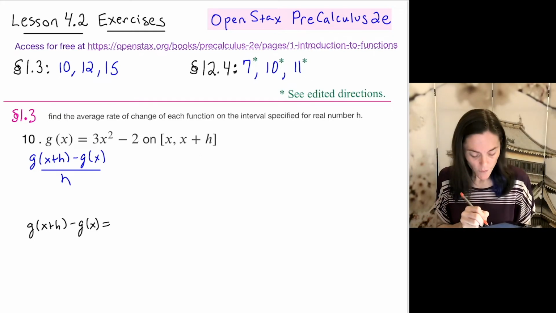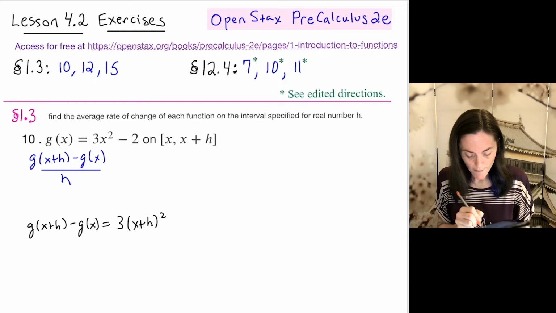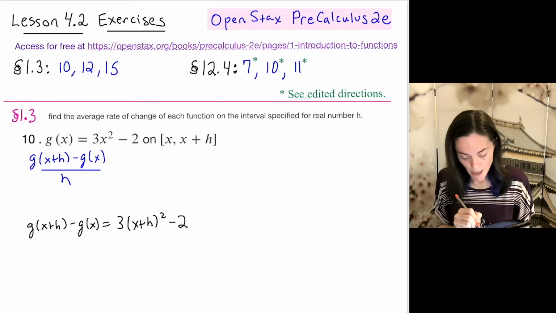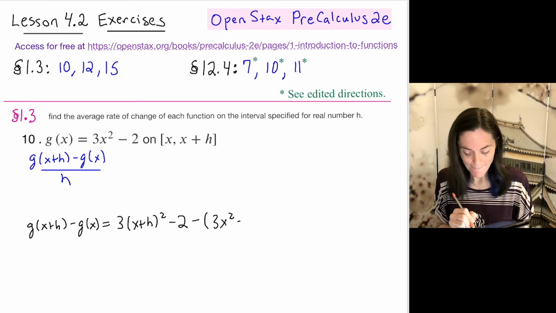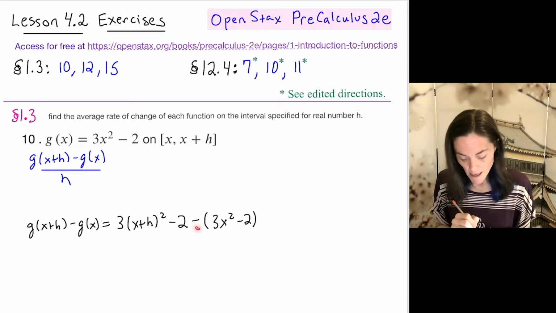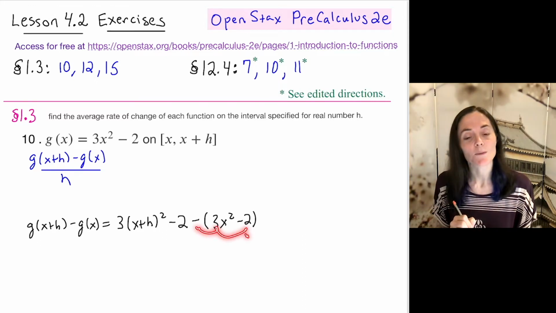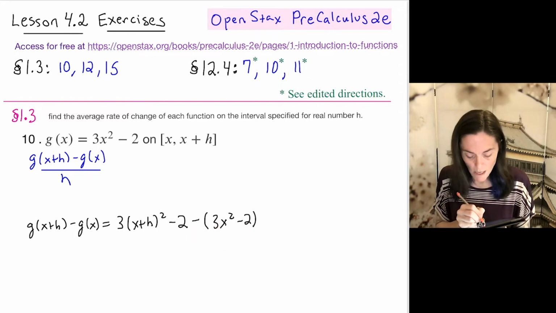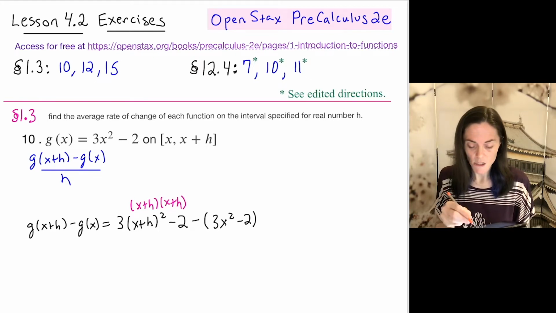So we have 3 times x plus h squared minus 2, that's g of x plus h, and then we subtract off g of x, which is 3x squared minus 2. And don't forget the parentheses here. This negative sign must distribute across the parentheses. Just like we were practicing in the video, we have to remember this is a product: x plus h times x plus h.